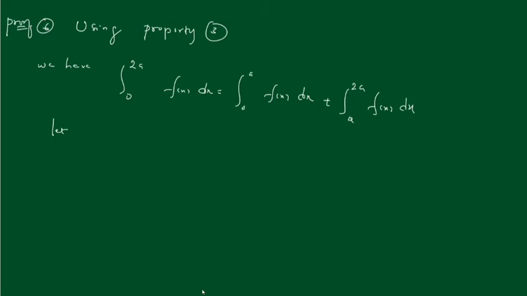So let t equals 2a minus x in the second interval on the right hand side.